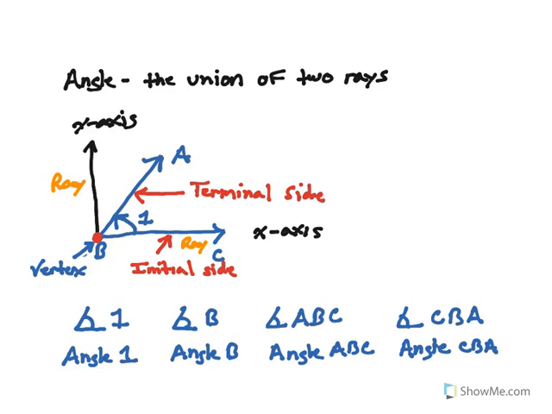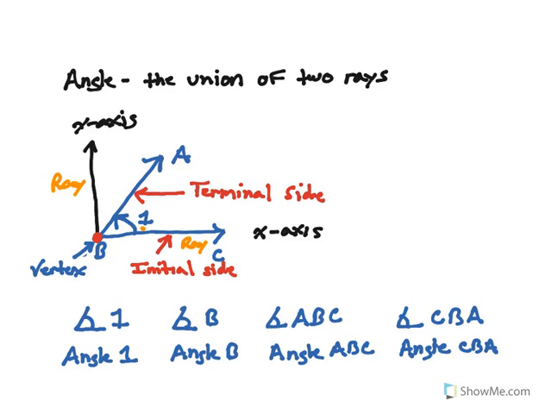The initial side is where the angle begins. So if you look from point A to point C, and look at the arrow in between these two blue lines, you notice that it starts on the horizontal line and goes towards the second ray. We call that angle 1 because it's in between two rays.